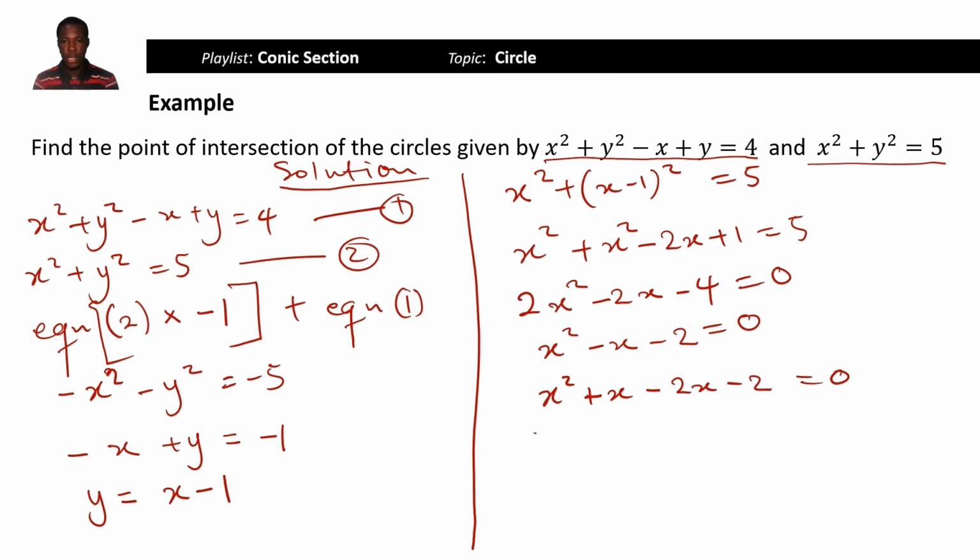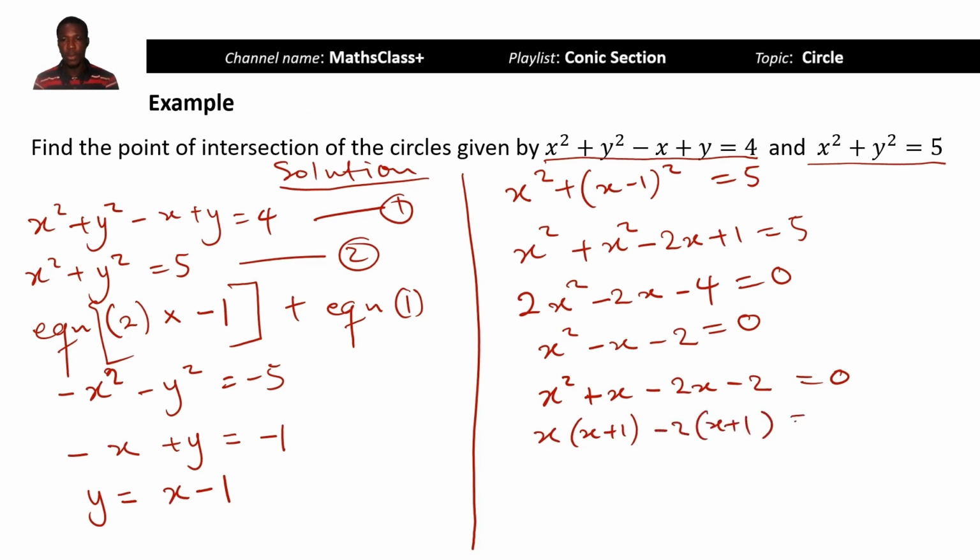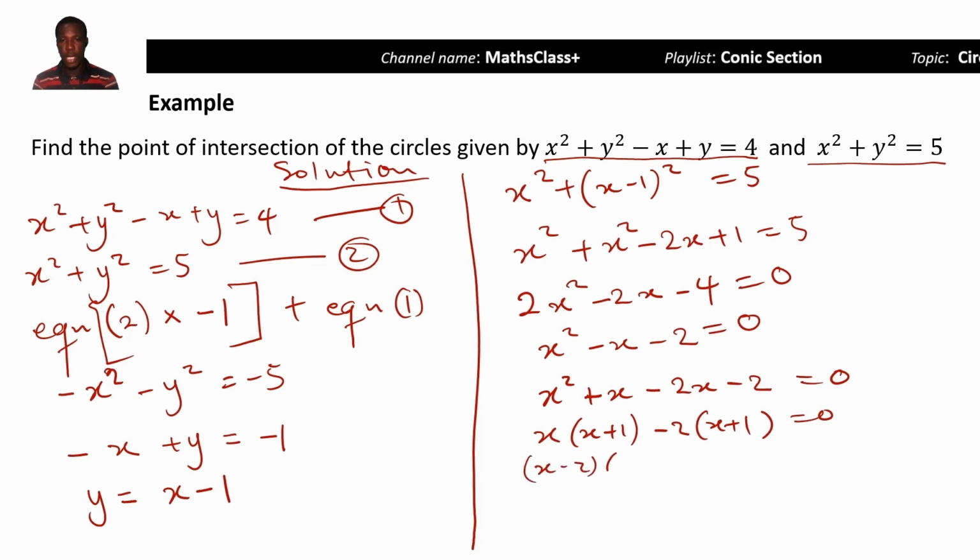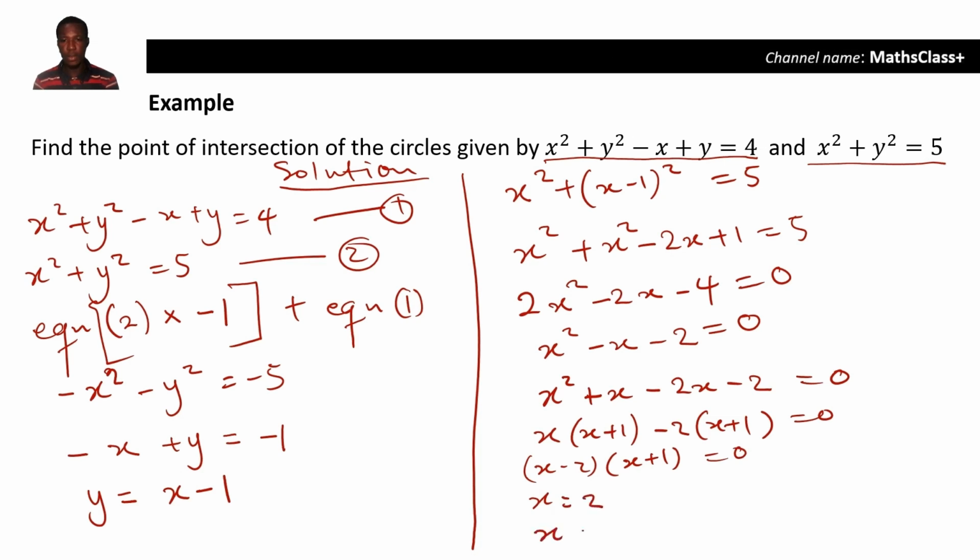And that's x times x plus 1 minus 2 times x plus 1 equals 0. So I have x minus 2 and I have x plus 1 equals 0. So x is equal to 2 and x is equal to minus 1.